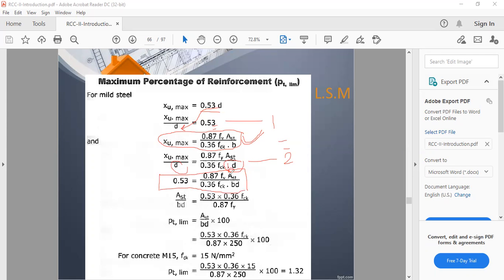If you equate these two equations, the final thing you will get is 0.53 equals 0.87 FY ASC by 0.36 FCK BD. So just take ASC upon BD now.